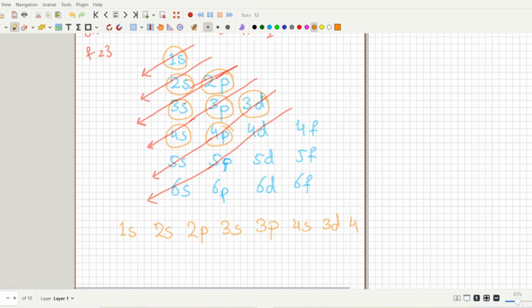I think these are enough examples. So the energy in all of these is increasing. So electrons are filling shells in increasing order.